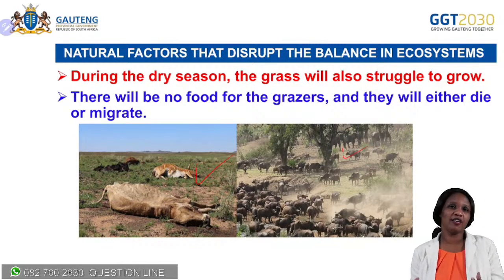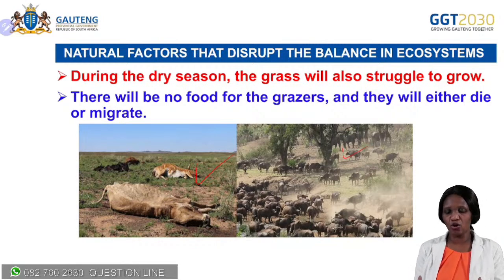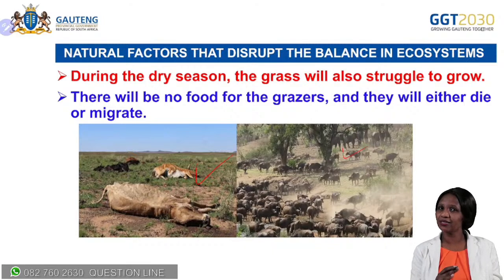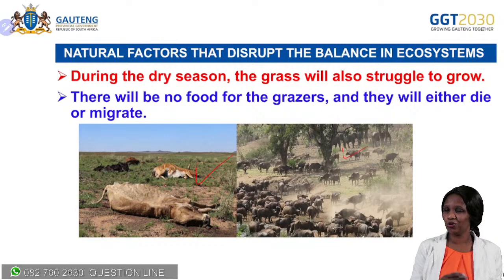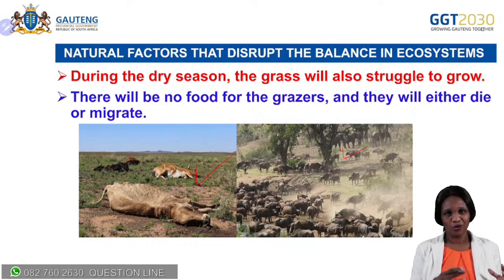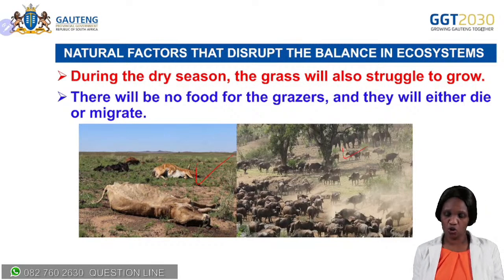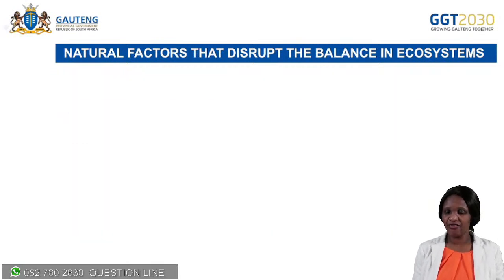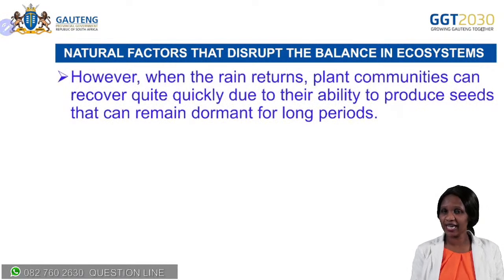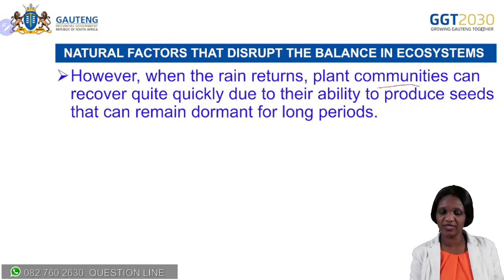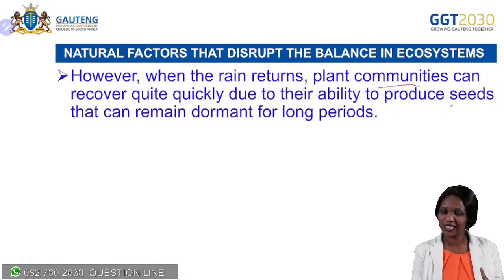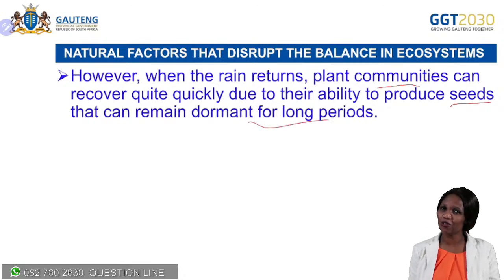For example, in national parks, you'll see a lot of the animals migrating to areas where there is good food or where there is water, because they'll be looking for pastures. However, when the rain returns, plant communities can recover quite quickly due to their ability to produce seeds that can remain dormant for long periods of time.